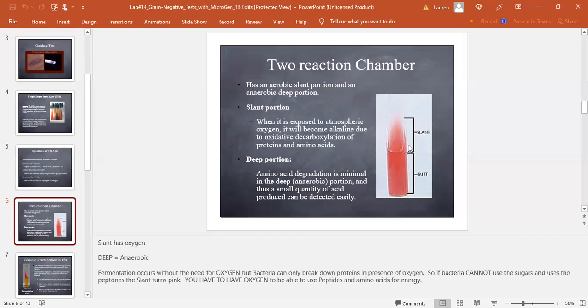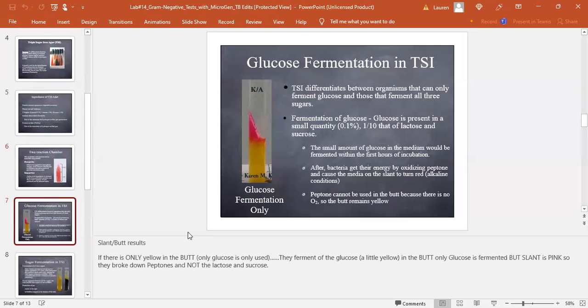But remember, when we stab the butt, that is our anaerobic portion. So this is us testing: does it like to grow anaerobically or aerobically? I also talked about how glucose is in a smaller quantity than the lactose and sucrose. That's a good thing to know.